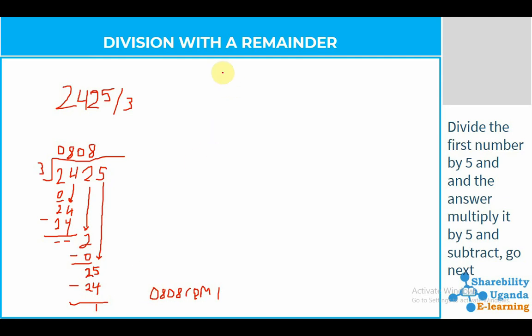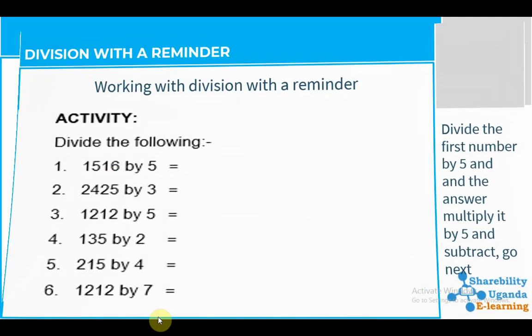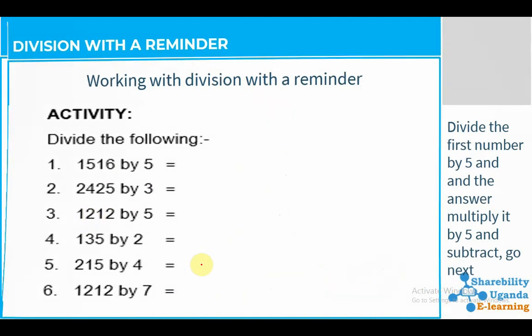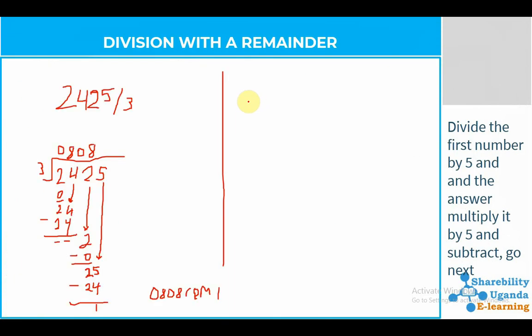Okay, so we can also try another number here. Which one? Let's proceed with 12 by 5. We have 12, and we are going to divide this by 5.